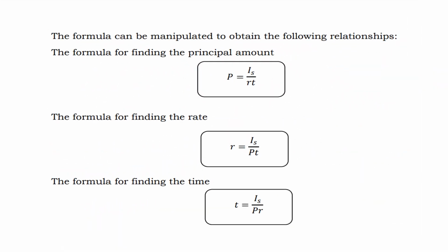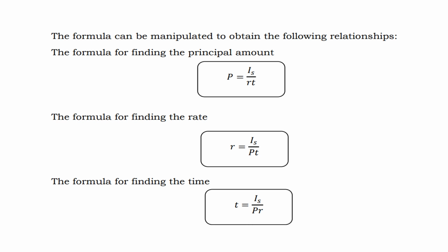Now, we can manipulate the given formula for simple interest for us to visualize more the relationship between the principal, the rate of interest, the time or term, and the simple interest itself.